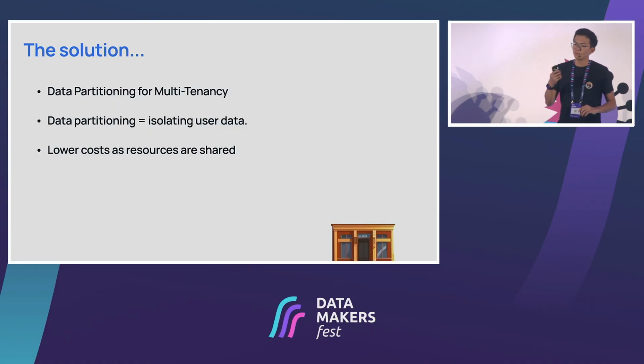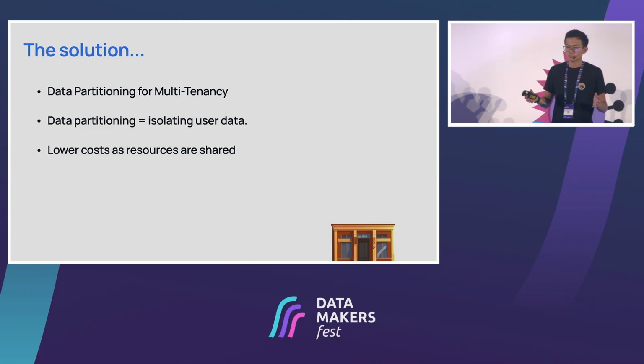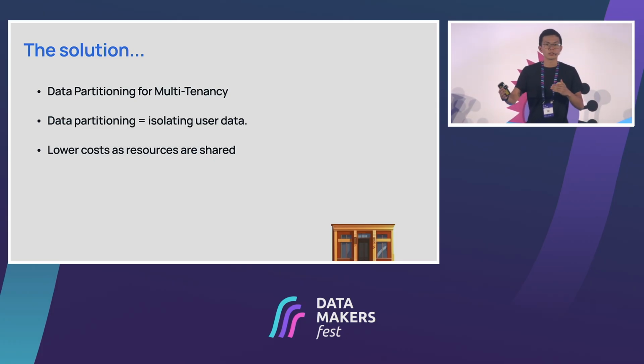Well, we could implement data partitioning. This is isolating our users' data when we have all our data within one resource, and we call that multi-tenancy. Usually, this is a technique associated with lower cost because the resources are shared. To help us understand this better, let's use an analogy with a building with tenants.